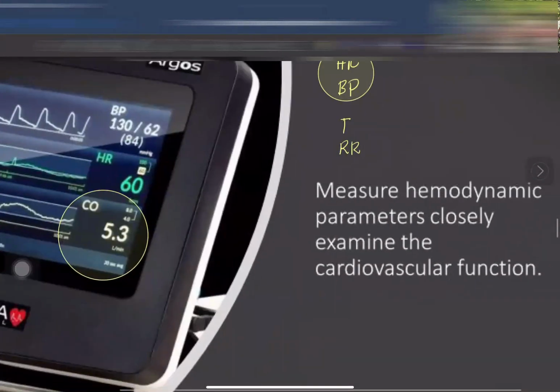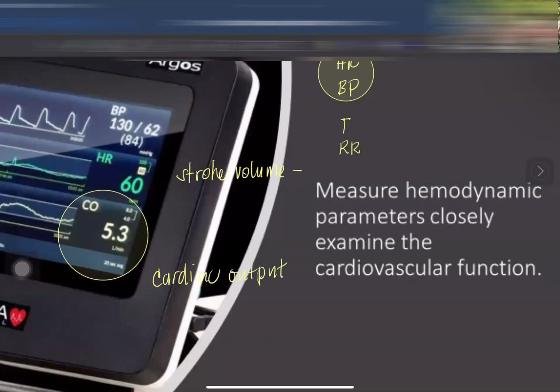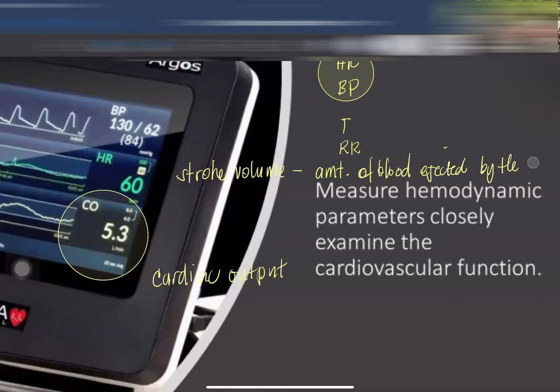If you can recall, dear students, in your lessons in fundamentals and then health assessment, there are two terms that we usually differentiate. One, class, is your stroke volume, and then another one is your cardiac output. Class, your stroke volume, dear future nurses, is the amount of blood ejected by the heart in every contraction.